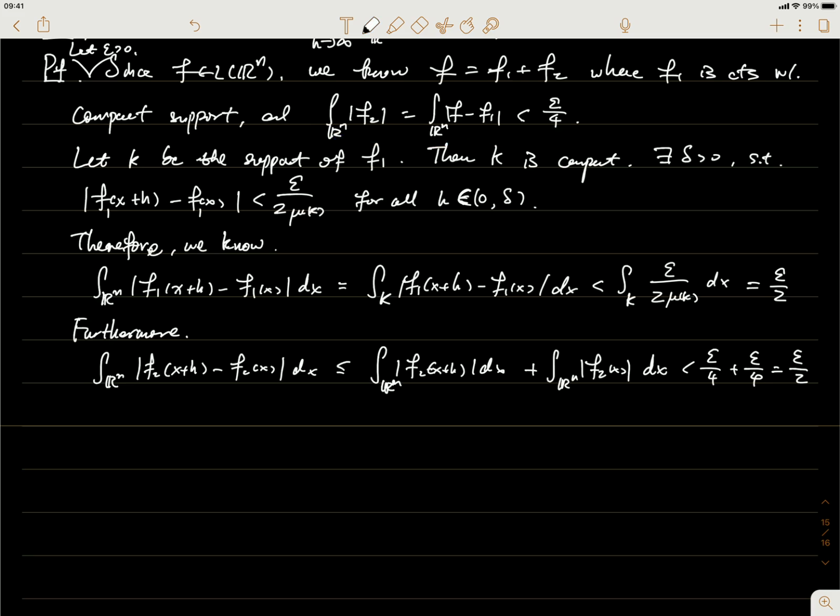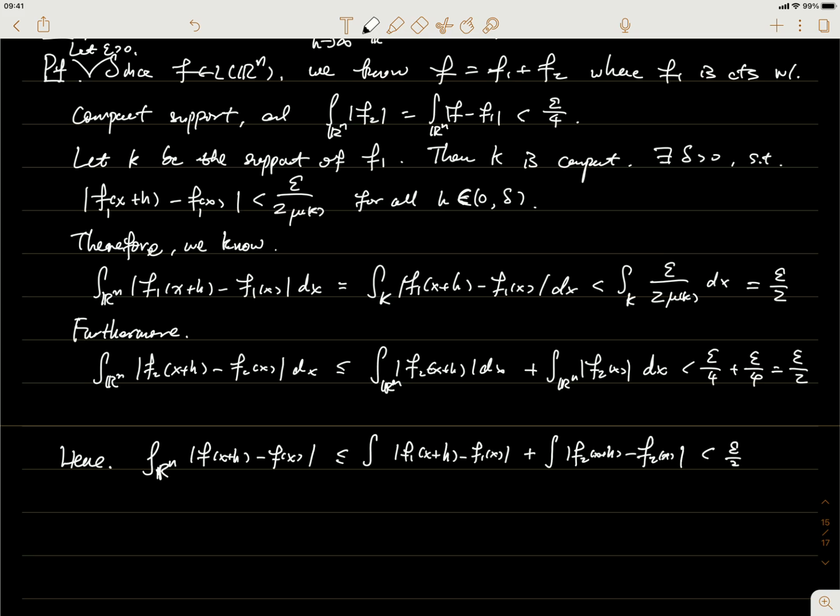Now I just need to apply the triangle inequality one more time to show that the integral over Rn of |f(x+h) - f(x)| can be bounded by the integral of |f1(x+h) - f1(x)| plus the integral of |f2(x+h) - f2(x)|, and that is less than epsilon over 2 plus epsilon over 2, which is epsilon, for all h in (0, delta).